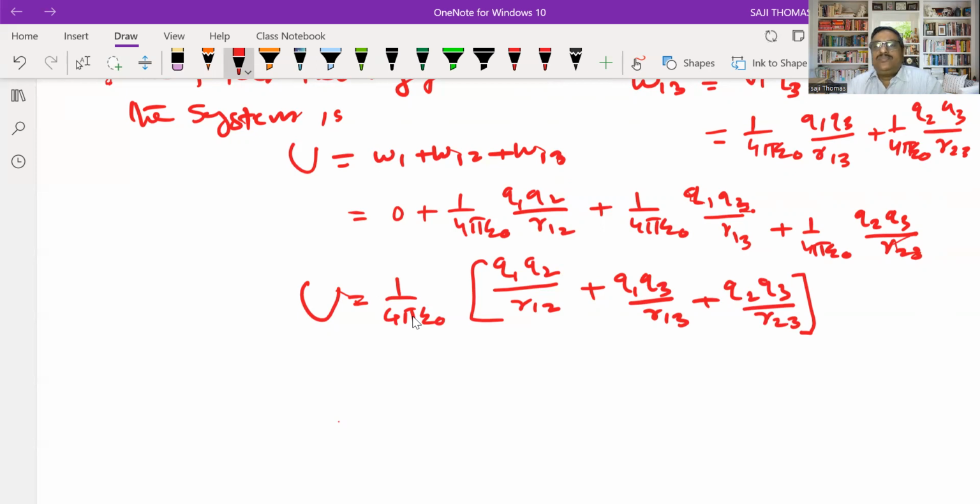Okay. So how will you find out the potential energy of a system of n charges? You have to find out the work done to bring all these charges from infinity to the present configuration. That will be the potential energy of that system. Okay, children, I think this is clear to you.